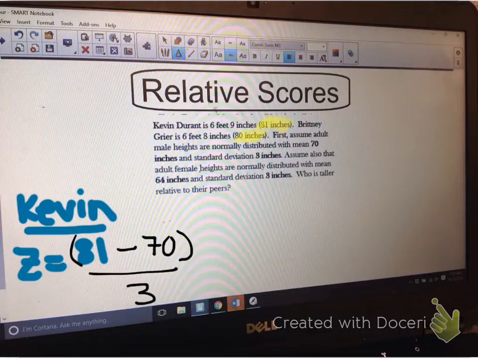I'm going to plug that in my calculator, and I'm going to put parentheses in if I plug it in all at once. 81 minus 70 divided by 3 gives me a Z-score of 3.67. This is extreme. Remember yesterday we said anything above 2 or below -2 is considered an extreme observation if it's normally distributed. Next, we're going to find Britney's Z-score.